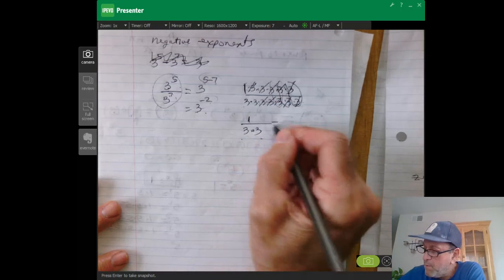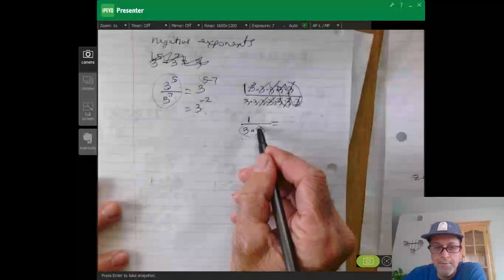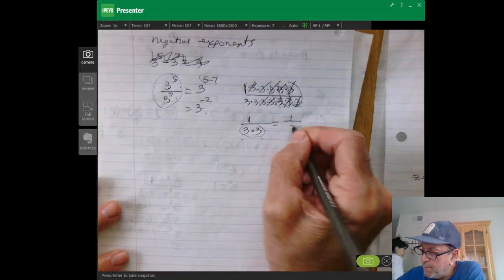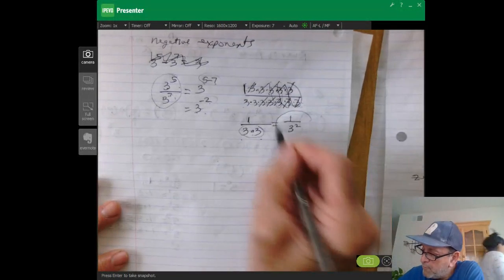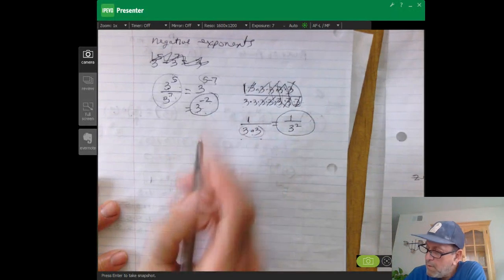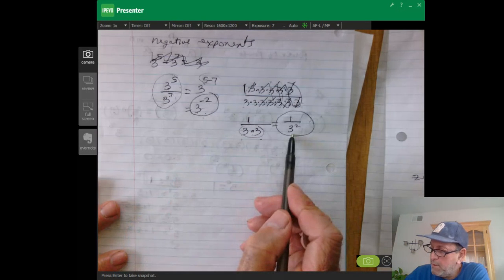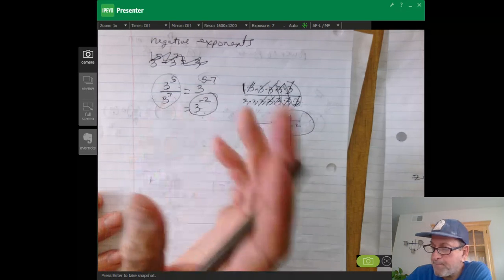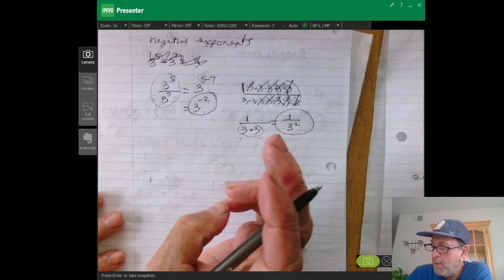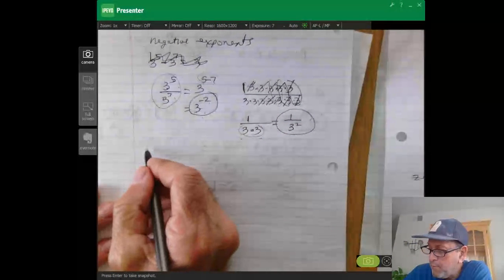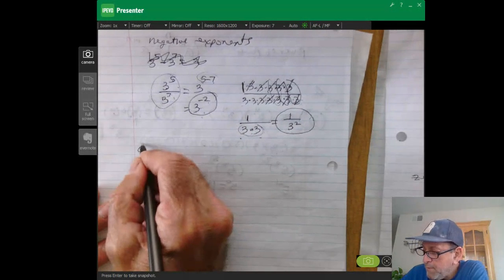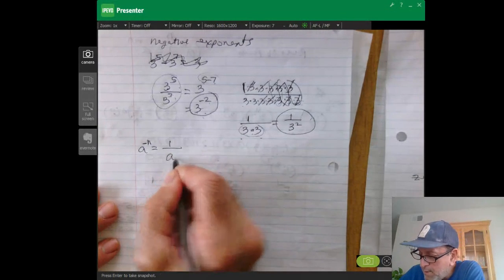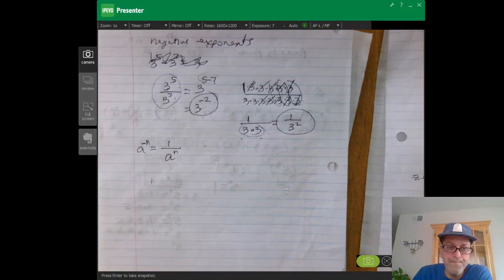In the denominator, we have 2 3's. But by our definition of powers and exponents, this is the same as 3 to the 2nd power. So what we had before was this, and it's written like this. So basically, negative exponents give you the reciprocal. So a to the negative n is going to be 1 over a to the n power.